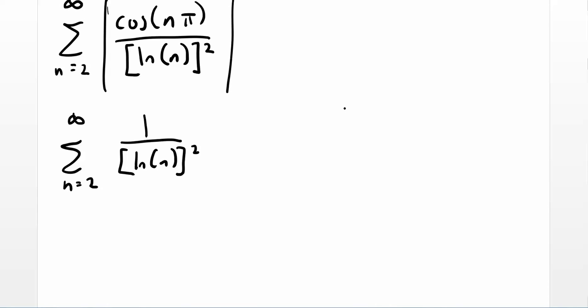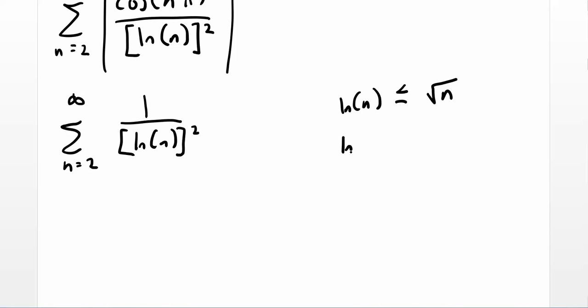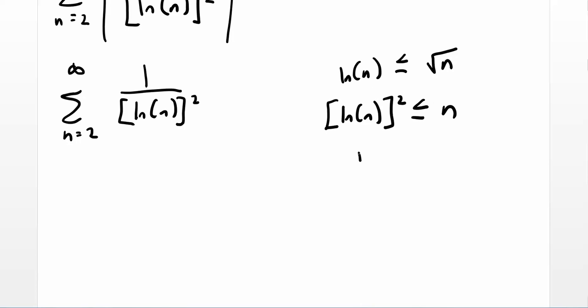Recall that the natural log is the slowest growing function we have, so we can bound it by pretty much anything. We'll say that the natural log of n is at some value of n less than or equal to square root of n, which means the natural log of n squared is less than or equal to n, which means 1 over natural log of n squared is greater than or equal to 1 over n.